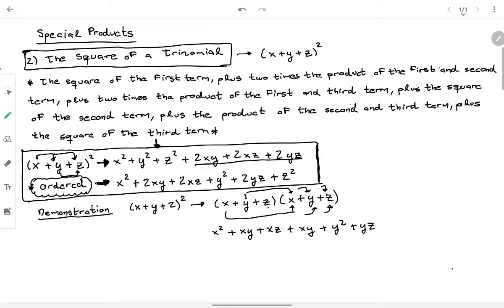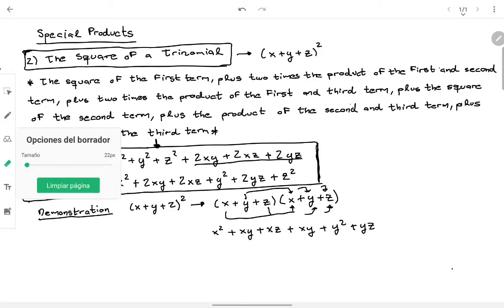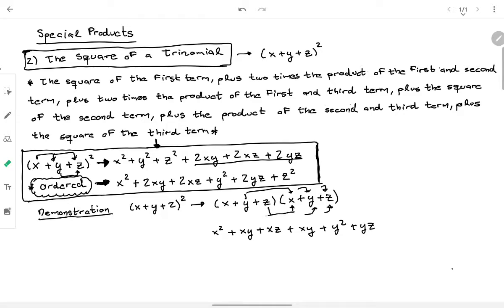And finally, the third term multiplying every term in the second parenthesis, so it will be plus xz plus yz plus z squared.